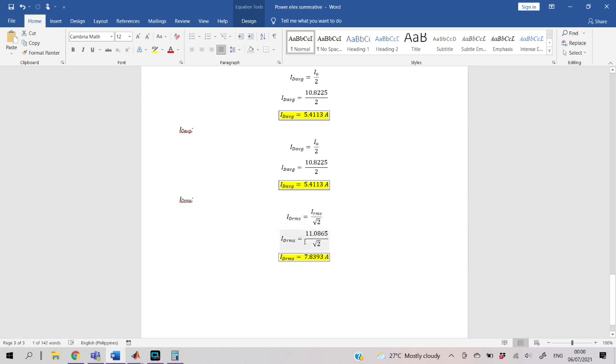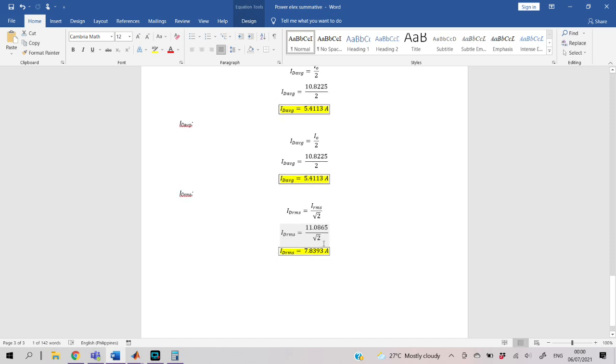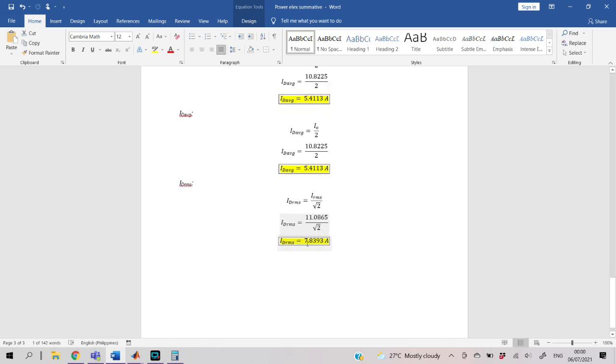By substituting its value, 11.0865 divided by square root of 2, we obtain 7.8393 amperes as the RMS value for each diode.